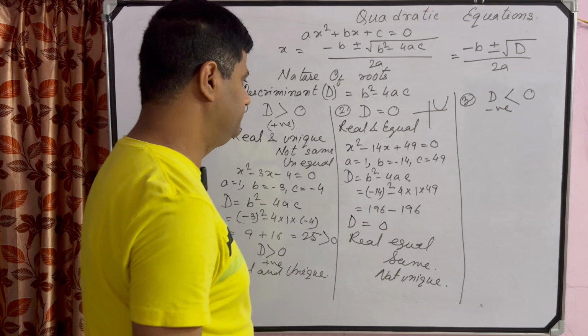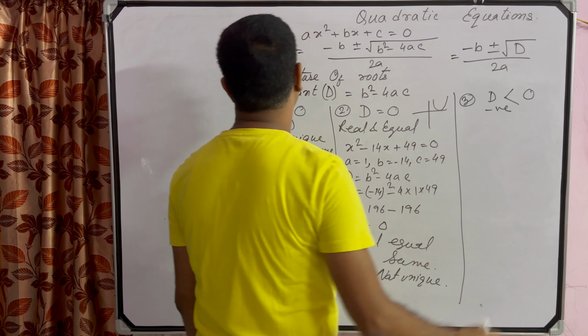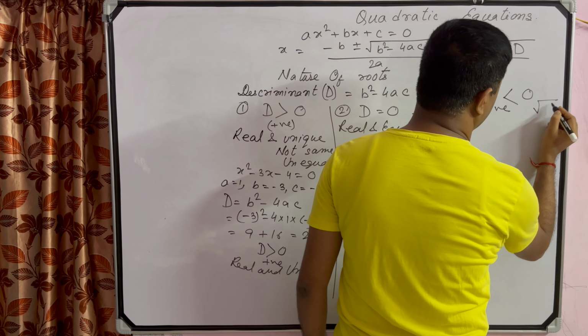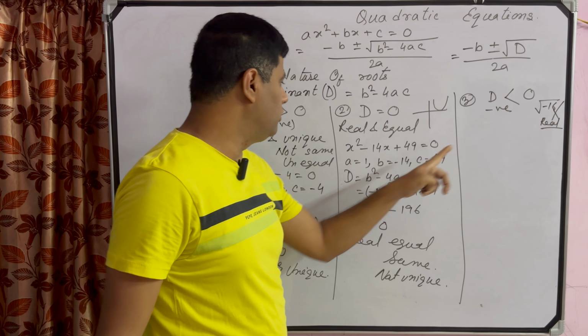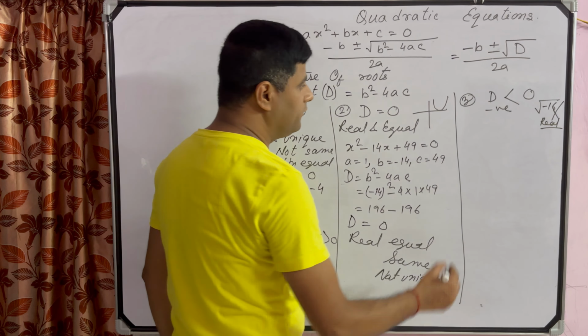Let's see. If D is negative, you know root over a negative value, like root over minus 16, is not a real value, right? So when D is less than 0, then the roots are not real anymore. They will be imaginary.